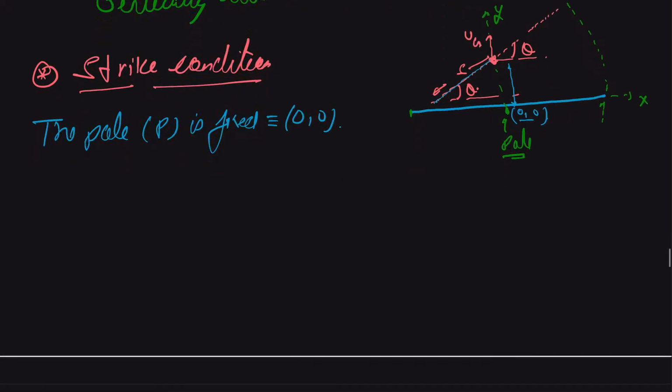Suppose this is our pole P with coordinate 0 and 0, and let us suppose this stick for a fraction of a second is going to touch this point P. Now if this point is our S, then at that particular moment S is going to have coordinate 0, 0. This is a basic presumption or conclusion we can draw from here.